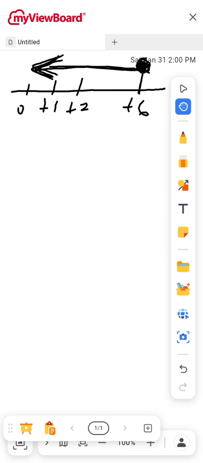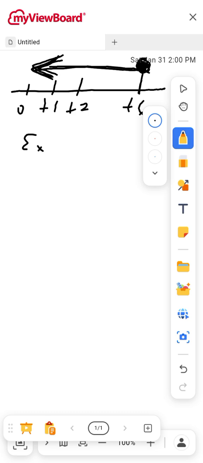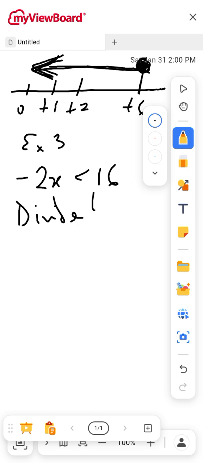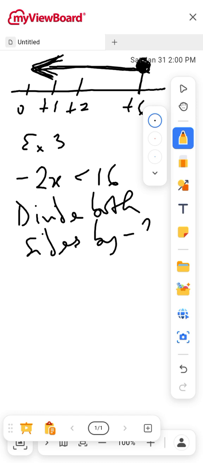Okay, let's look at example 3. For example, let's say you are given 2 minus 2x less than 16. They ask you to solve and represent on the number line. Note one thing. In this case, we'll say divide both sides by minus 2.